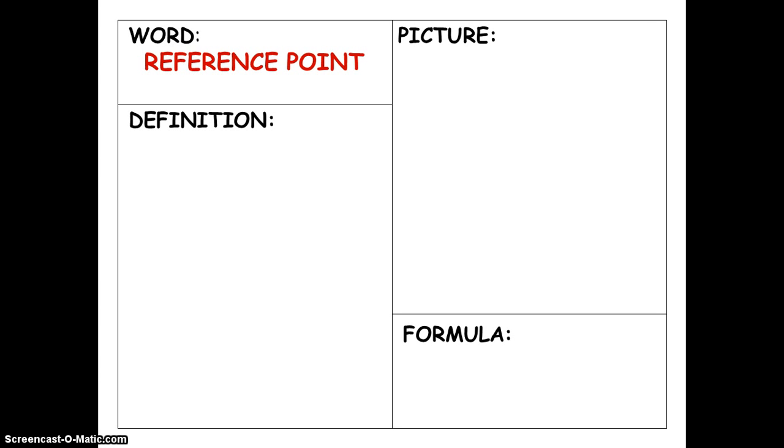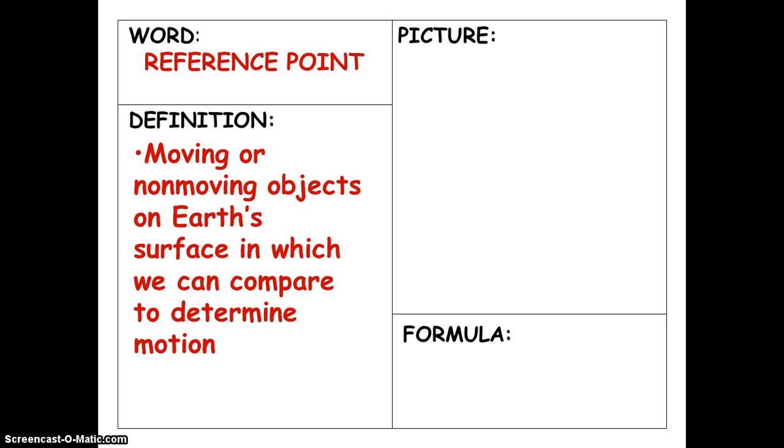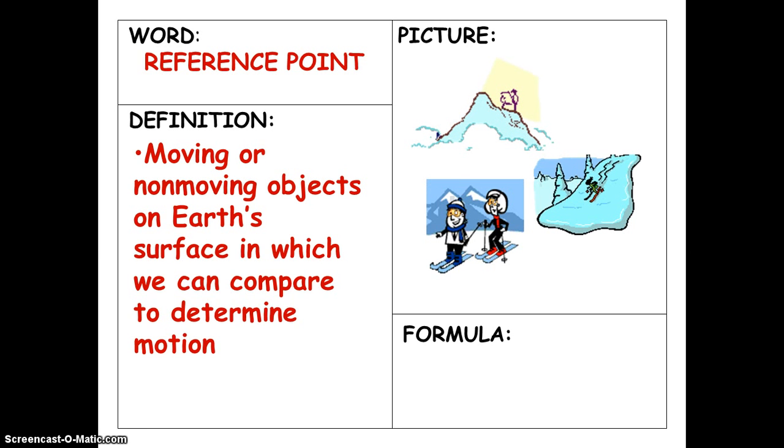Alright, our next word is reference point. In the definition for motion, we have the word reference point. So, it's important that you know what that is. A reference point is moving or non-moving objects on Earth's surface which we can compare to determine motion. So, you're going to draw a picture.